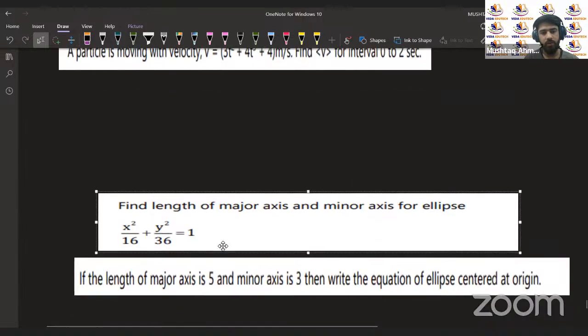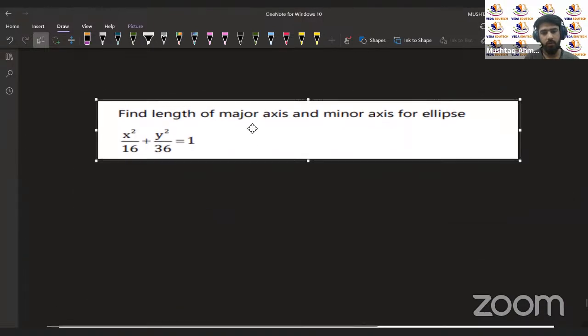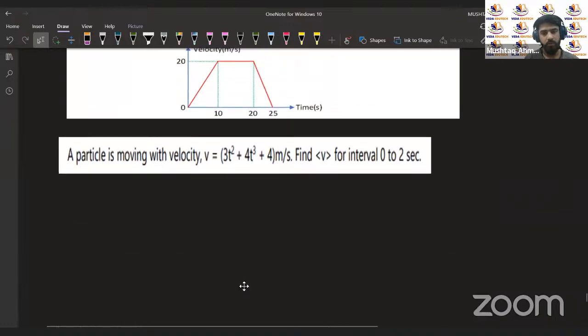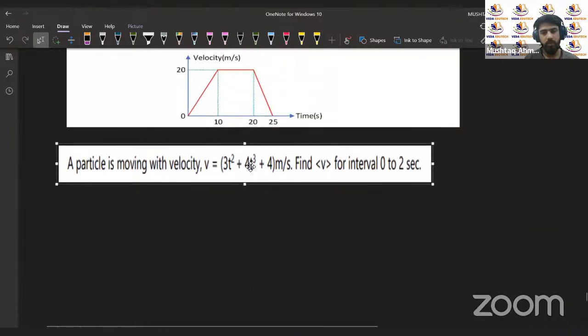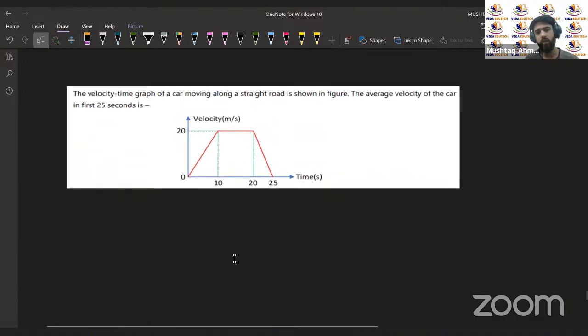Similarly, we have this question here. In this question, the velocity time graph of a car moving along a straight road is shown in the figure. Find the average velocity of the car in the first 25 seconds. So this is the velocity time graph of the car given in this graph.